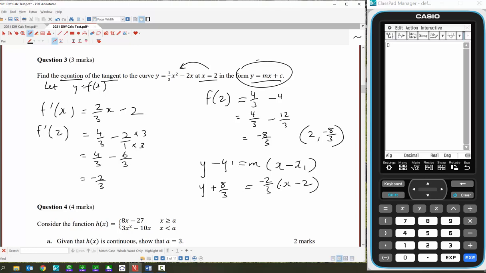Okay, so this would be acceptable as the equation if it didn't say to put it in this form here, but we need to further engage with this. So it's going to be y equals negative 2x on 3 plus 4 on 3 take away 8 on 3, which is equal to negative 2x on 3 take away 4 on 3.